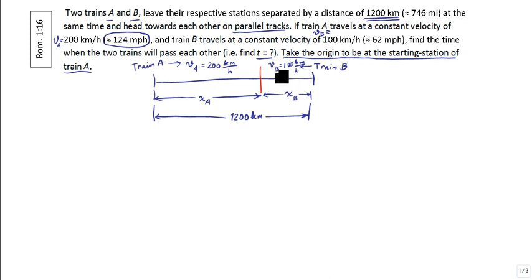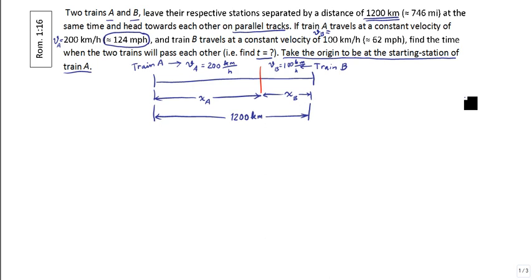I'm going to try and solve this problem in two ways so that you get a taste of a couple different approaches and not only looking at it by one approach alone. So let's look at first an algebraic approach, and then after the algebraic approach, let's look at this problem graphically.